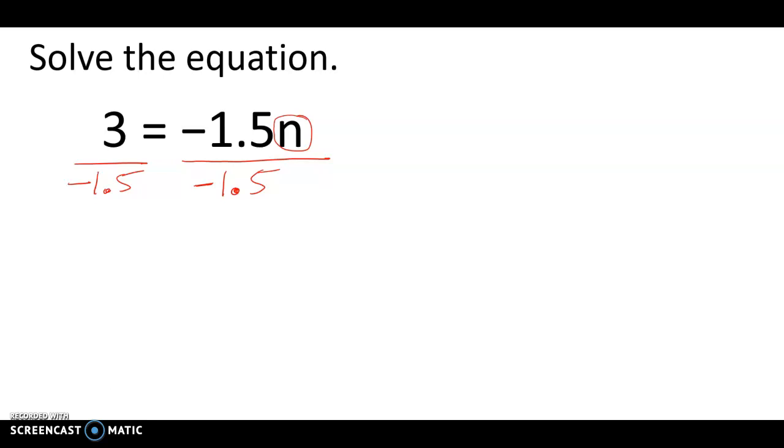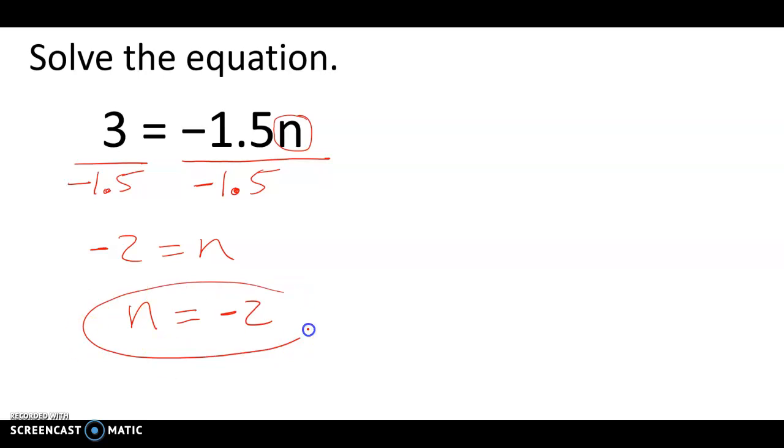You could go 3 divided by -1.5. If you get a syntax error, you hit -1.5 instead of divided by -1.5. Your answer should be -2. So n equals -2.